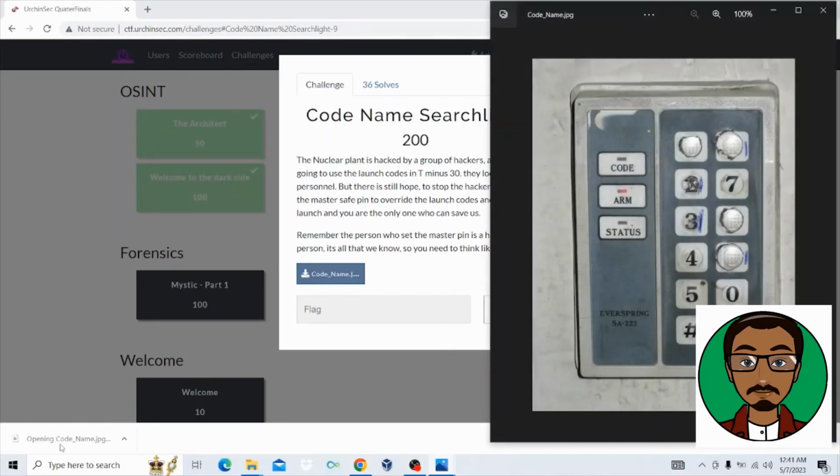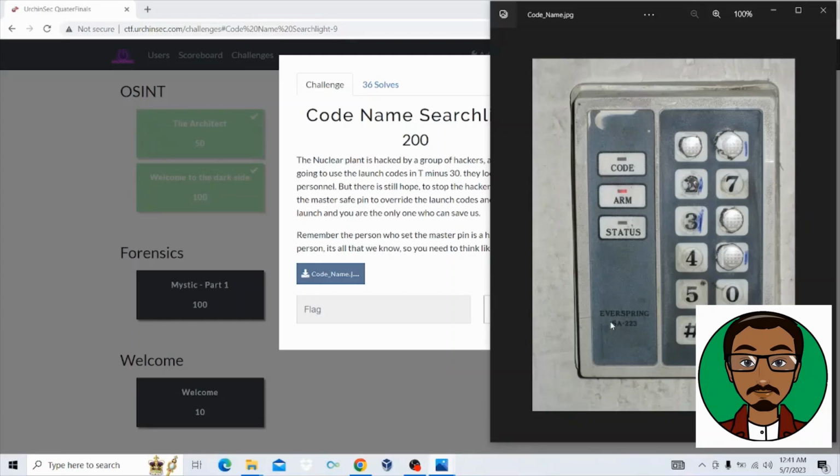So opening the image, we can clearly see that this is, let me just say, a system where we're supposed to insert the pin, and we don't know what the pin is. And unfortunately, from the image, there are two scenarios that we could look at.